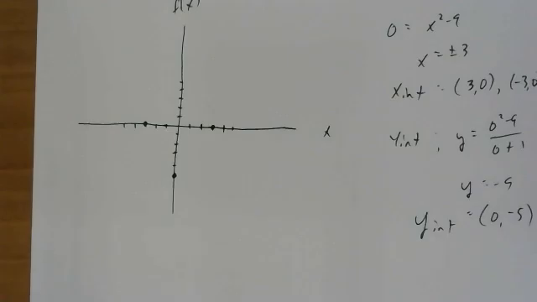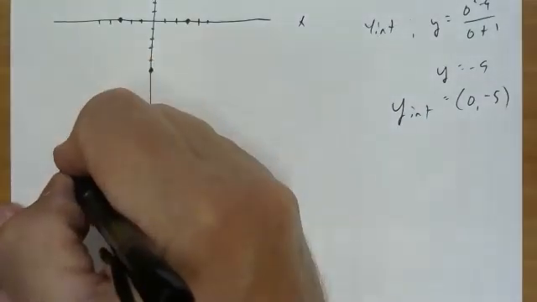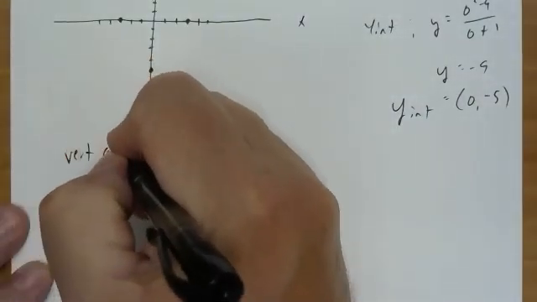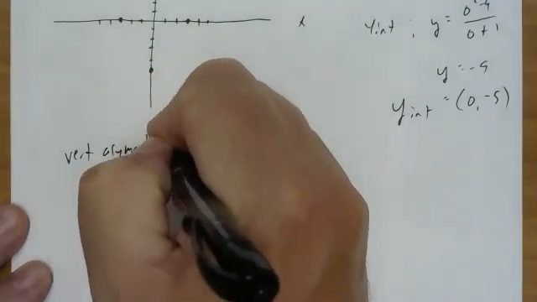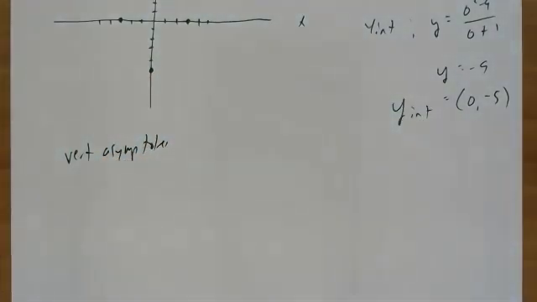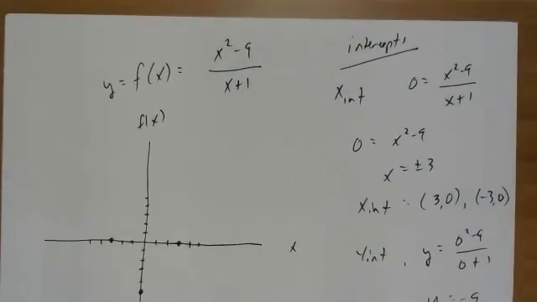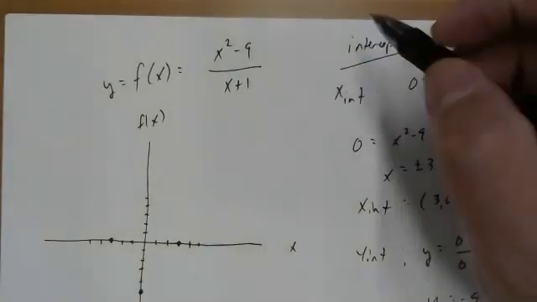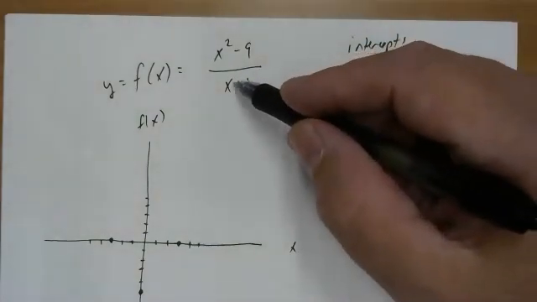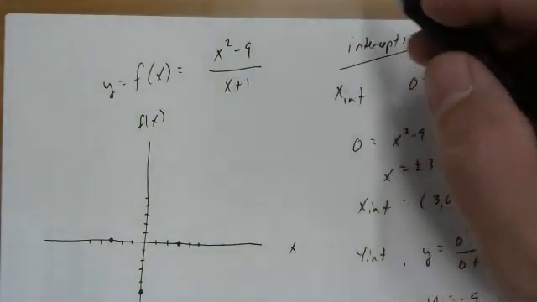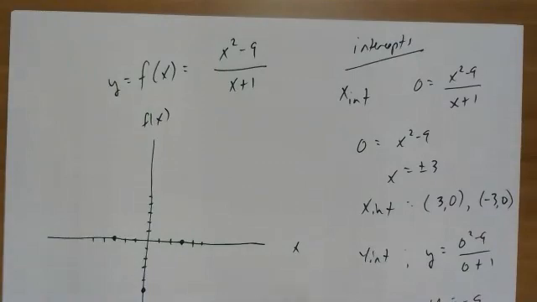Intercepts done. How about asymptotes? Let's do vertical asymptotes first. If you look at the denominator and decide what value of x would cause the denominator to be 0. In other words, x cannot be 1. So x equals 1 looks like a vertical asymptote.